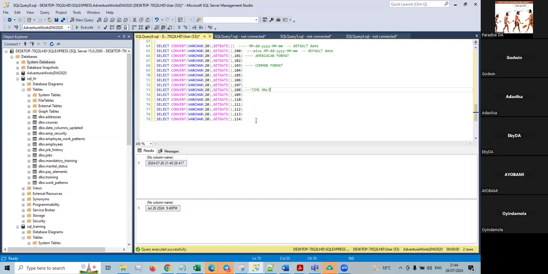Whilst this one also gives us time, but to a higher degree. So let's run all of these things in one go.